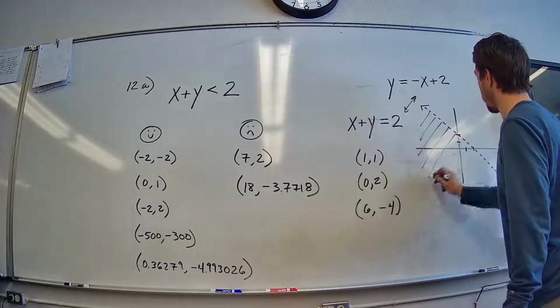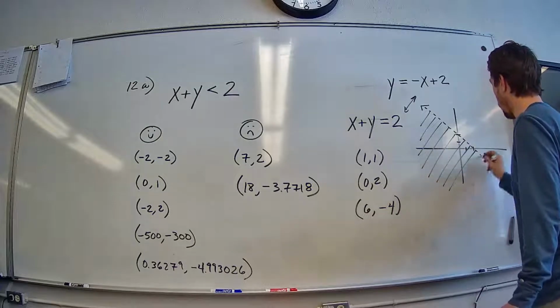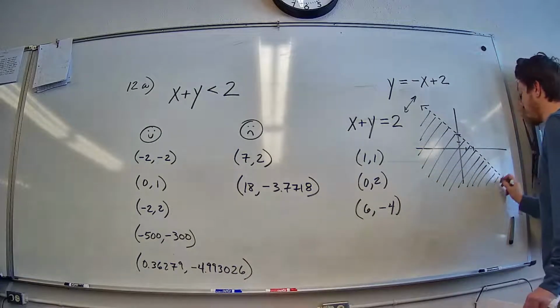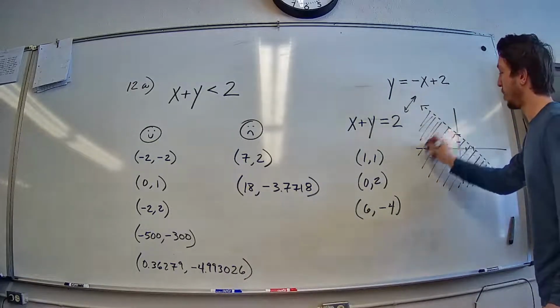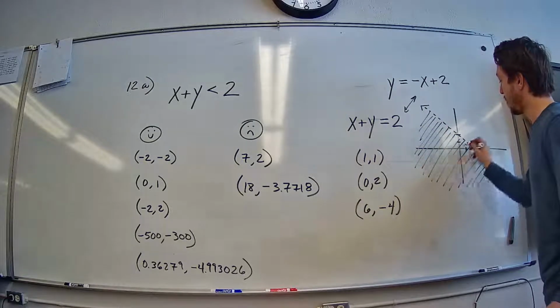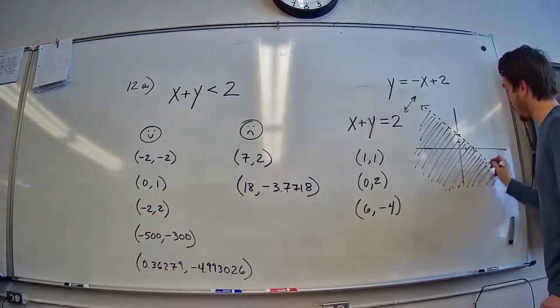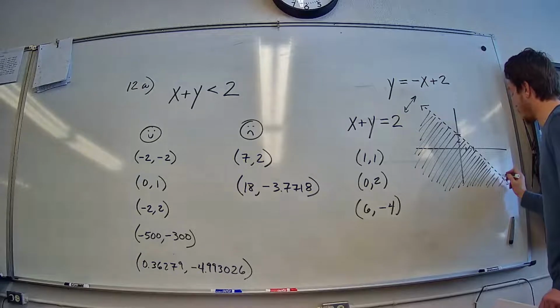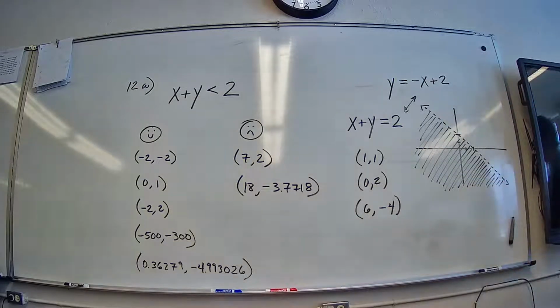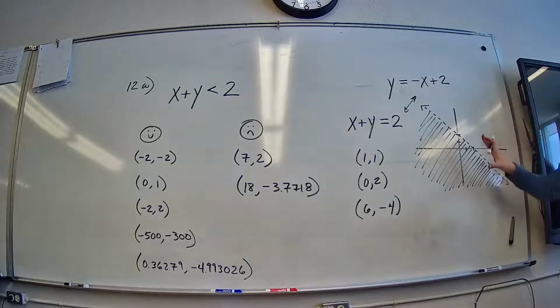So this is the zone, this whole region here. This is me trying to shade. If you have lit shading skills with your pencil, that's great, but you can just draw some lines to indicate any point that lives below that line is going to be a solution to our original inequality.